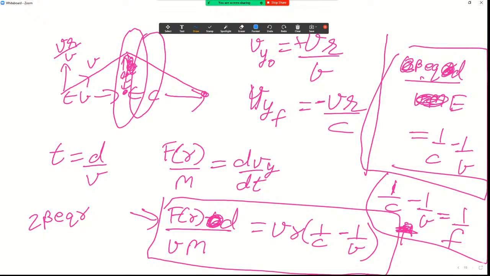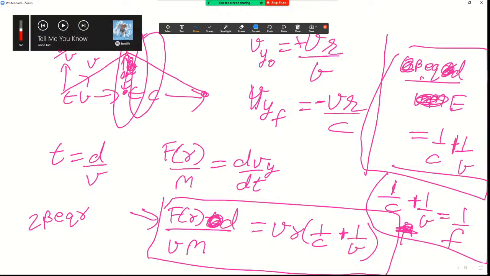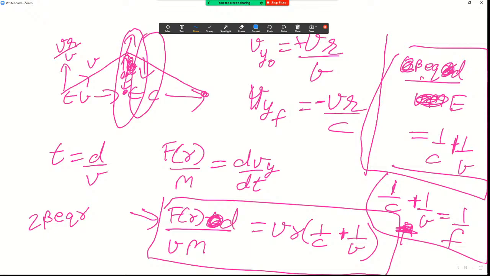So we have plus only, as this is V upwards and this is V downwards finally. So now this is the lens law.